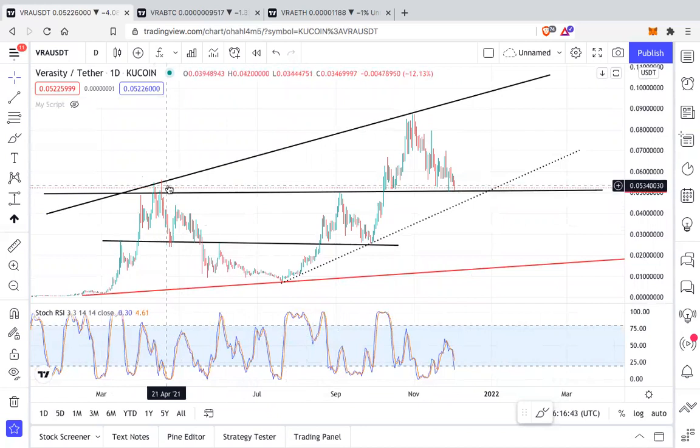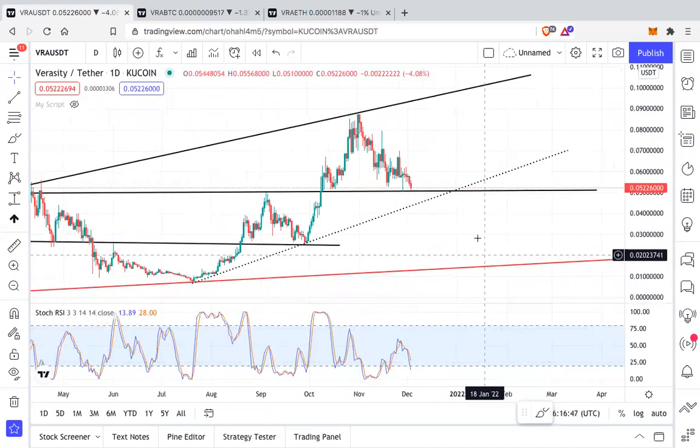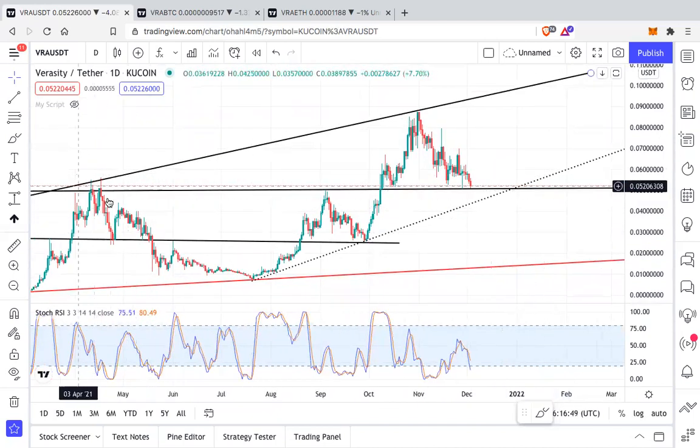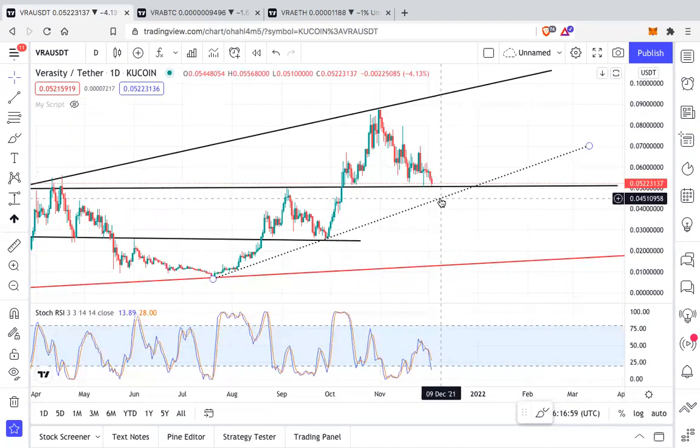So this is what I can see on the daily. It is currently holding, or you can say flipping, this zone into support, which was a previous resistance. Unless and until we hold this, I do not see any reason to panic. In fact, we can even go down, have a deviation and even retest this zone at around 4.5.